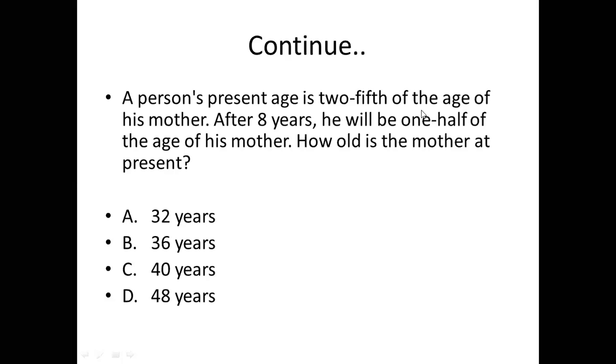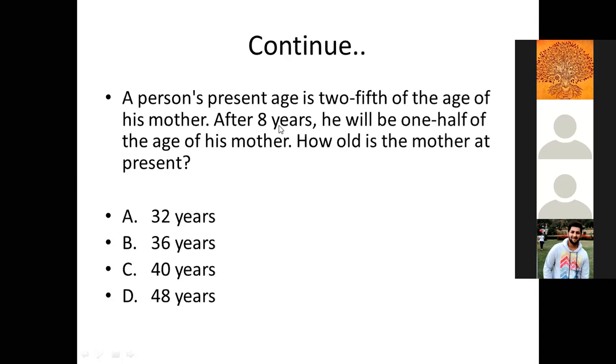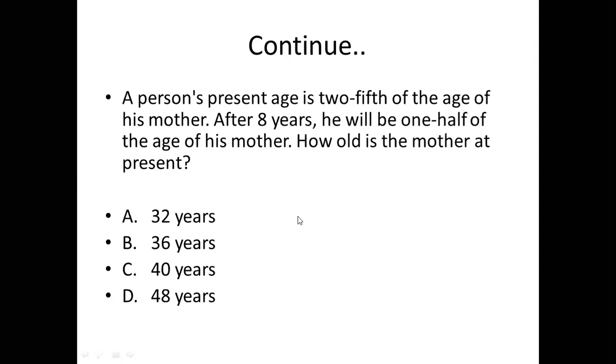Yes, sir. So we are talking about a person whose present age is how much? 2/5 of the age of his mother, right? And then we are talking about after 8 years. So in the equation we have to add that 8 years on both sides. So we have to equate it.